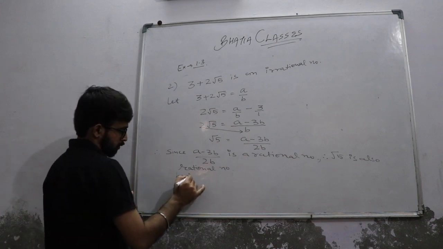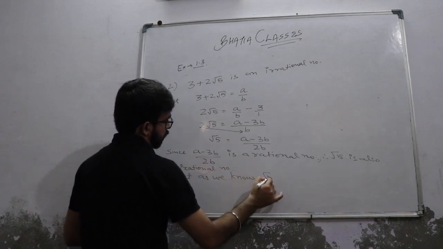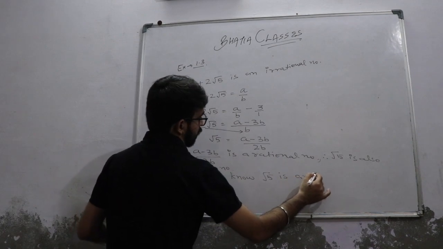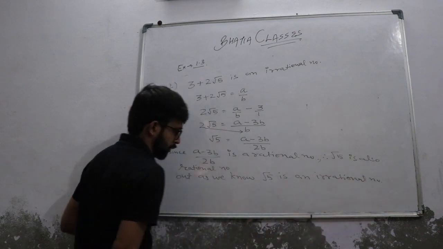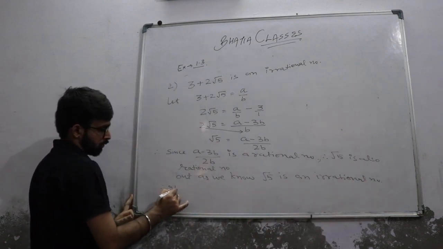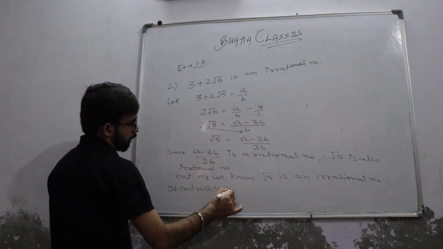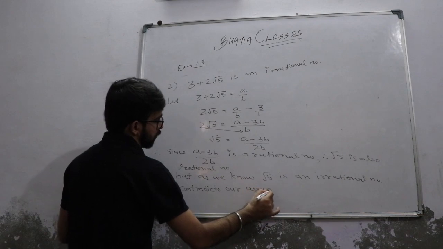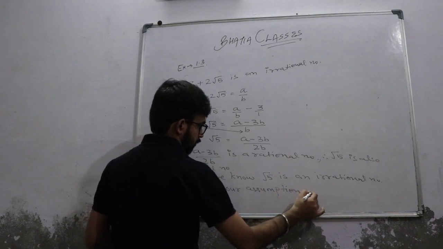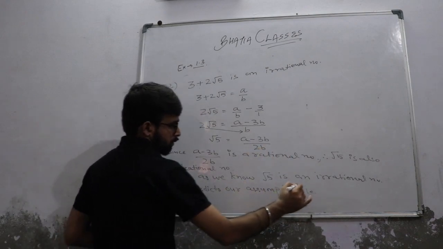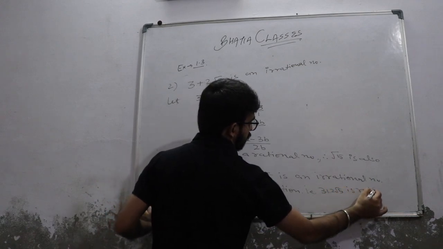But as we know, root 5 is an irrational number. Therefore, it contradicts our assumption that 3 plus 2 root 5 is a rational number.